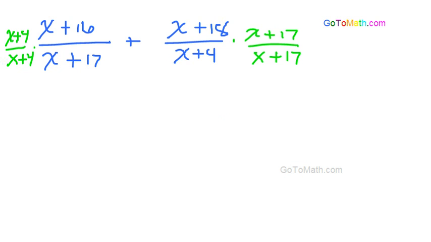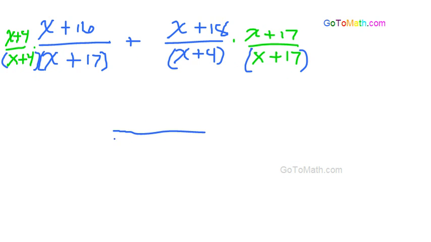Pretty easy. Now that we have a common denominator, we'd want to put parentheses around the bottoms, stating that this is x plus 4 times x plus 17. The same goes with the top, but we're just going to rewrite that.